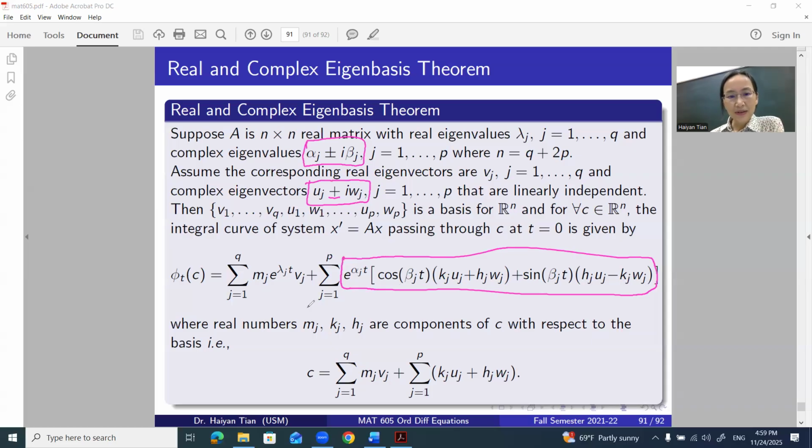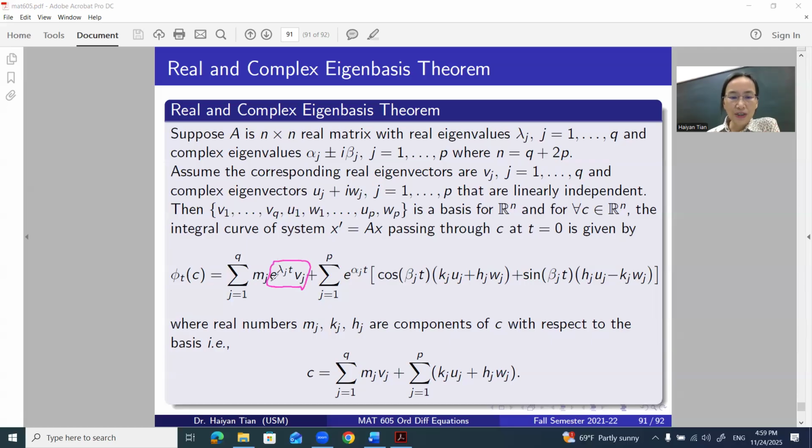Together we get a general solution of this form, depending on how many eigenvectors. Each is a solution corresponding to an eigenvector, but a multiple of that solution is still a solution of a homogeneous problem.